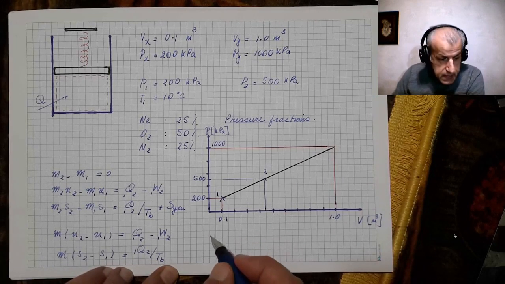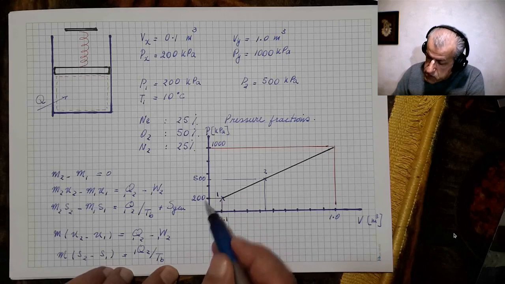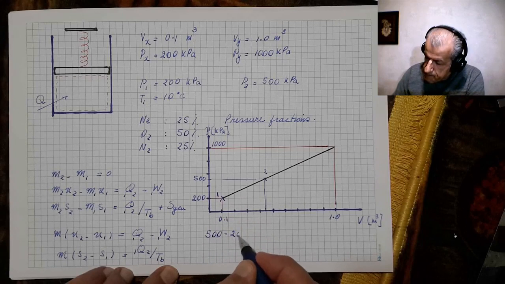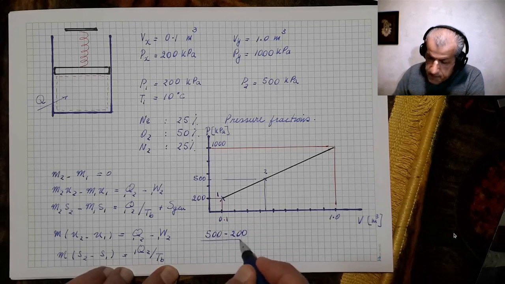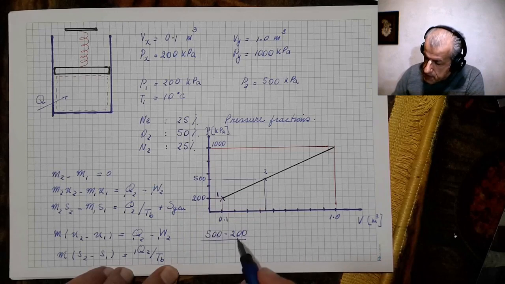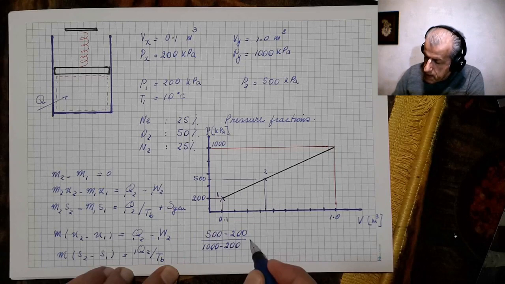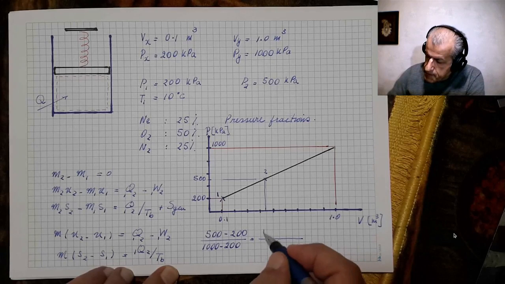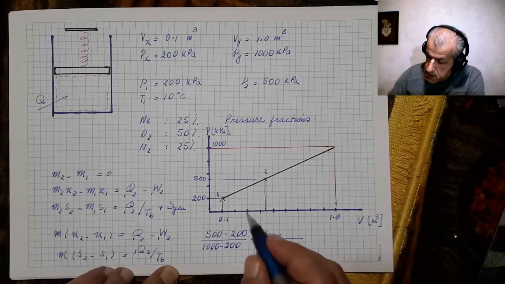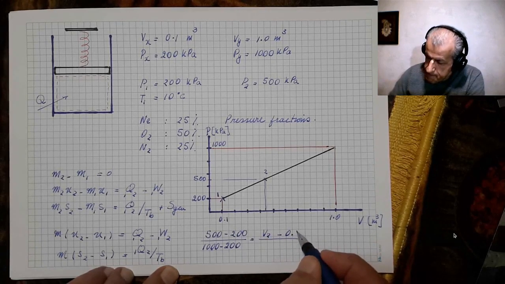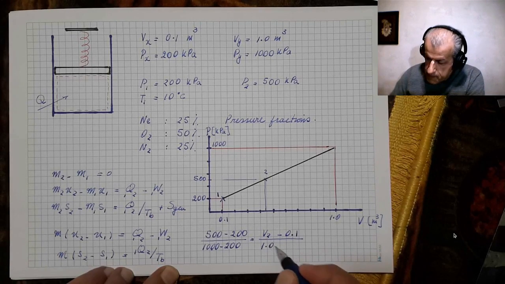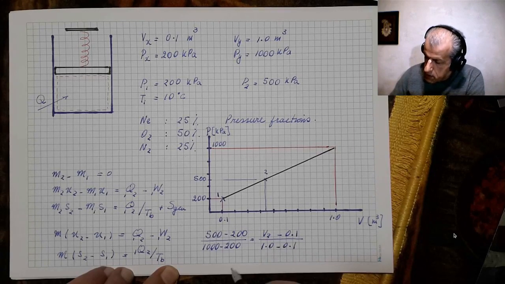We could write that (500 minus 200) divided by (1000 minus 200) equals (V2 minus 0.1) divided by (1 minus 0.1).